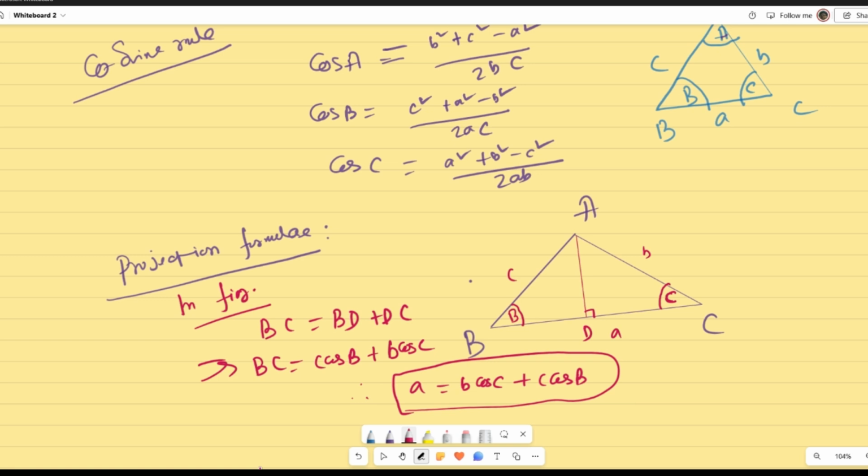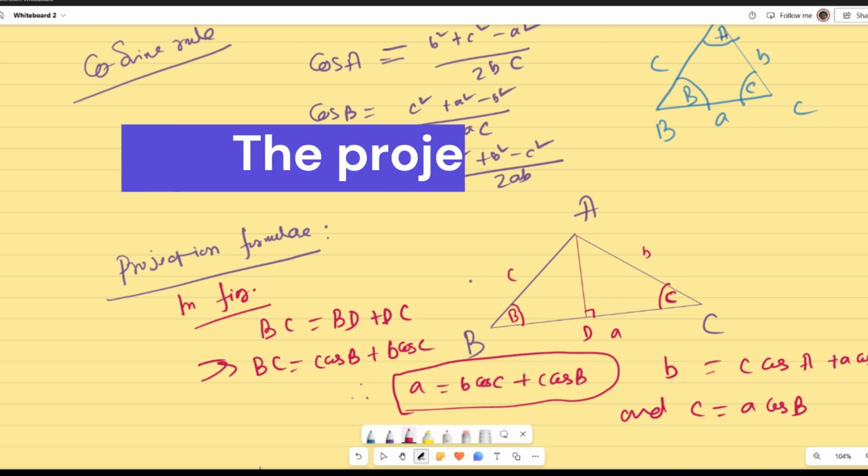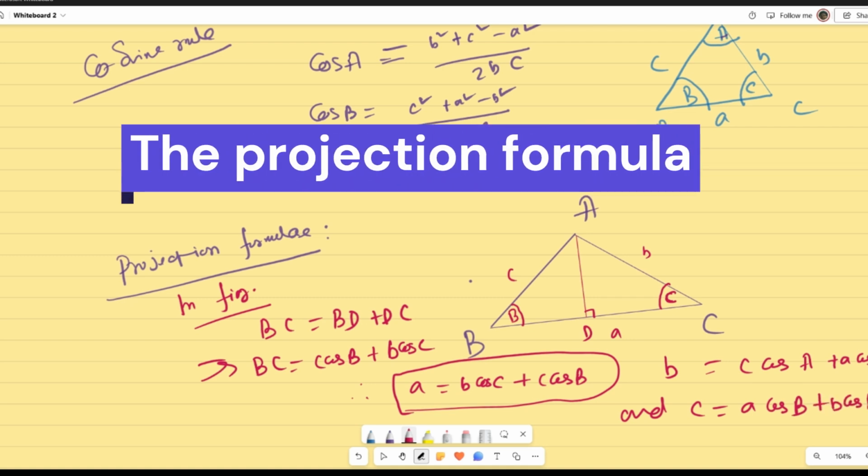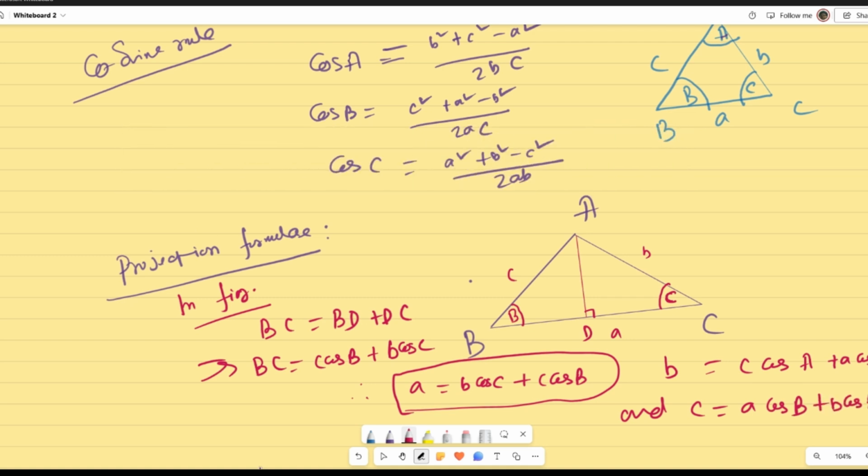Similarly, when you are writing a, it is a combination of these two sides and angles. When you are writing b, it will be what? A combination of these two sides and these two angles. Okay? So b will be equal to c cos A plus a cos C and c equal to a cos B plus b cos A. Alright.